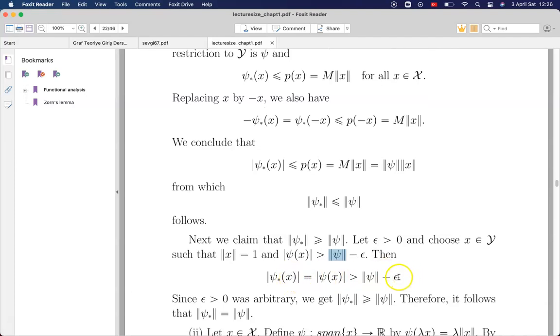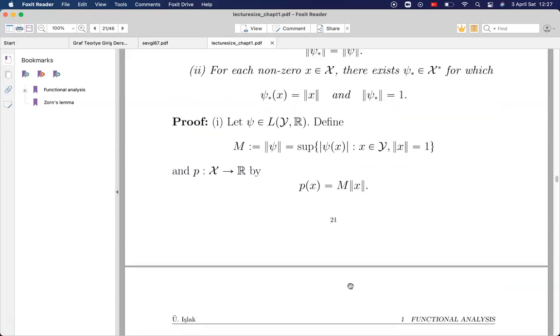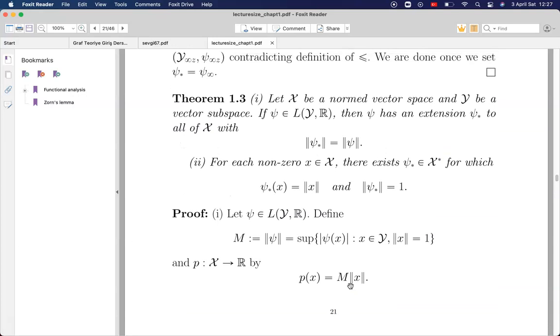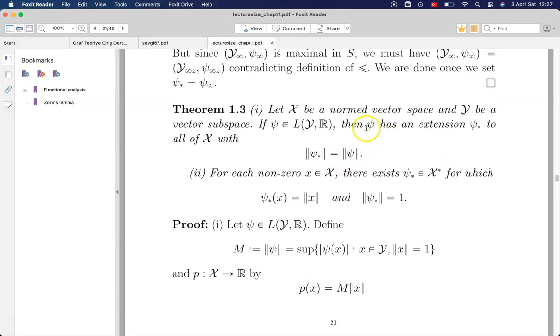But this is true for any epsilon positive, so we get the norm of psi star is greater or equal to the norm of psi, and from these two observations it follows that the norm of psi star is the same as the norm of psi. Okay, this is the first part. So we have found an extension psi star to all of x with the norm of psi star the same as the norm of psi.